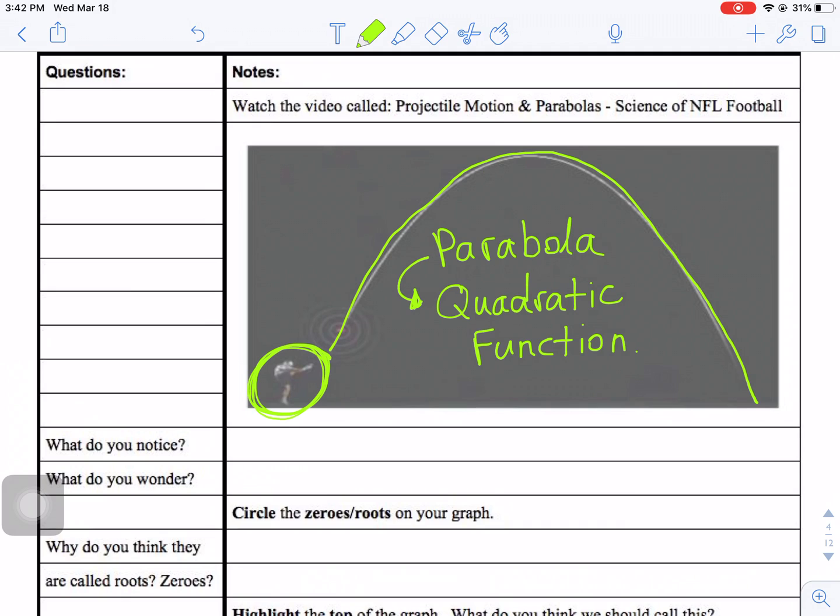What's beautiful about a parabola is that anytime you throw something up into the air and it comes back down, it makes the shape of a parabola. So in soccer, in football, in baseball, in softball, volleyball, anytime a ball goes up into the air, it makes that nice parabola arc.